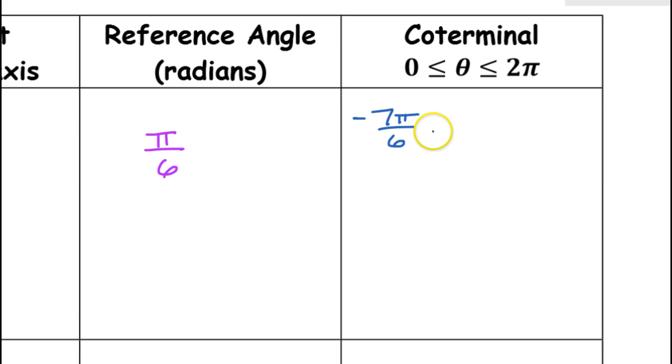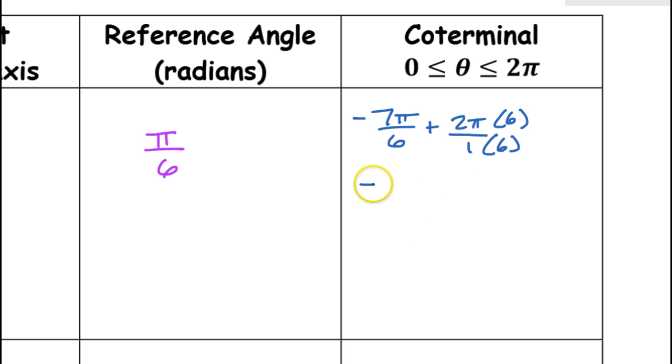The easiest way to find a coterminal angle is to add or subtract 2 pi. Alright, because adding 2 pi will just take me all the way around and back to where I started from. So that will definitely be a coterminal angle. So if I want to add 2 pi, I'm going to need like denominators.